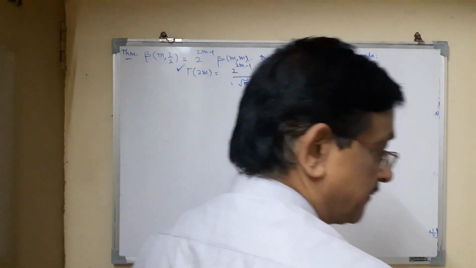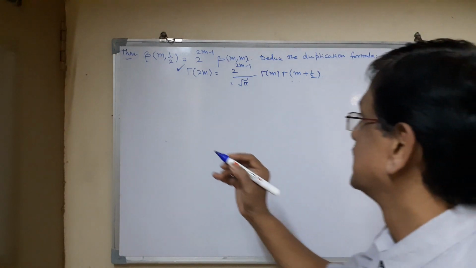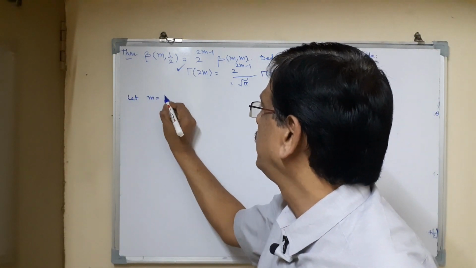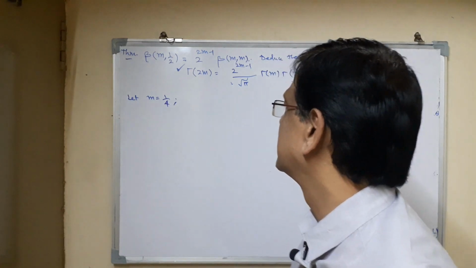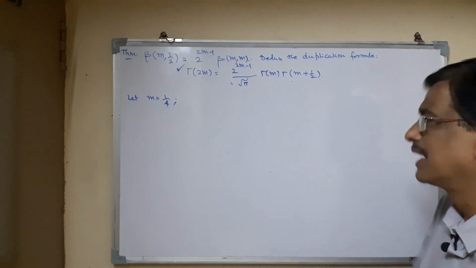Let us see the case when m equal to 1 by 4. How do we guess, or why should we assume m equal to 1 by 4? Let us see.